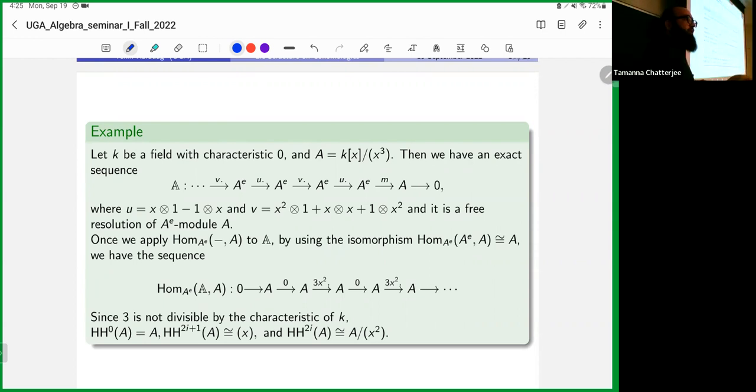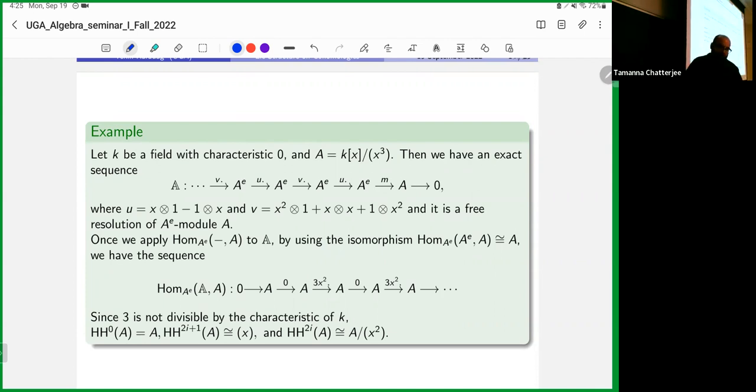And we do the same thing. We just apply Hom again, but in here we have a useful isomorphism. Since each term in the resolution is the algebra, if we apply Hom to that resolution, we get a copy of A. So the new resolution is something like this.